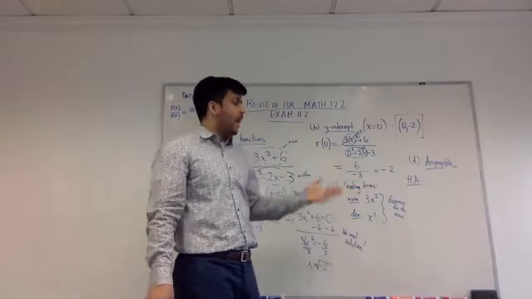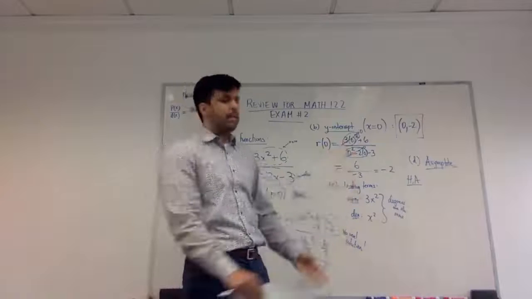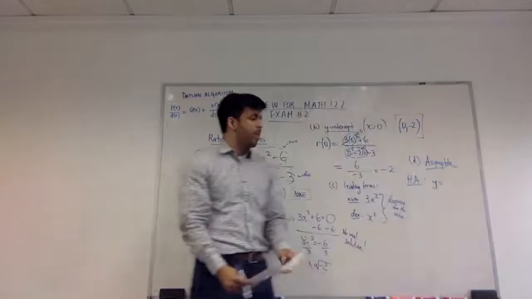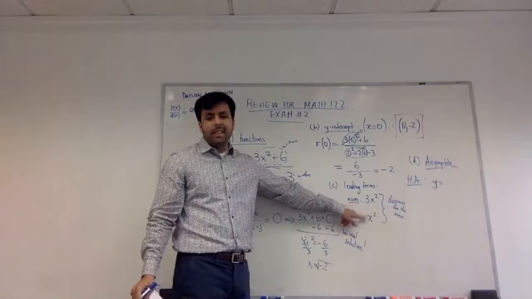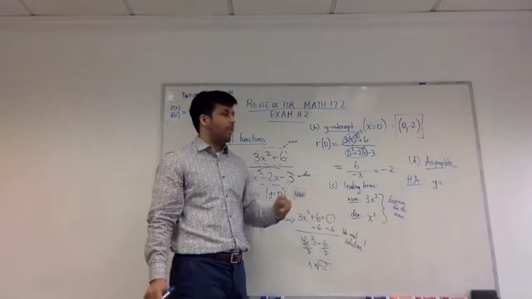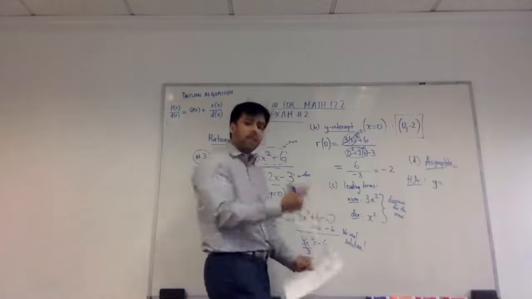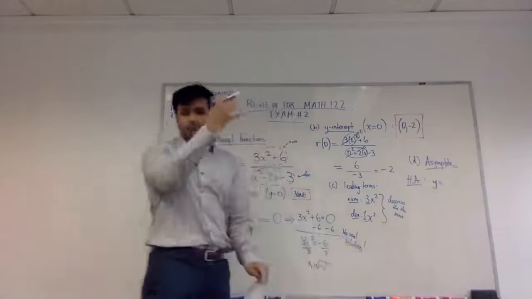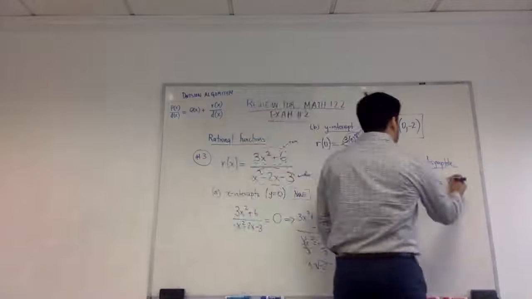So then how does that affect my horizontal asymptote? Well, my horizontal asymptote is the y value when you divide the leading coefficients. So the leading coefficients come from the leading term. The leading coefficient here is 3. The leading coefficient here is 1. So 3 divided by 1 is 3.